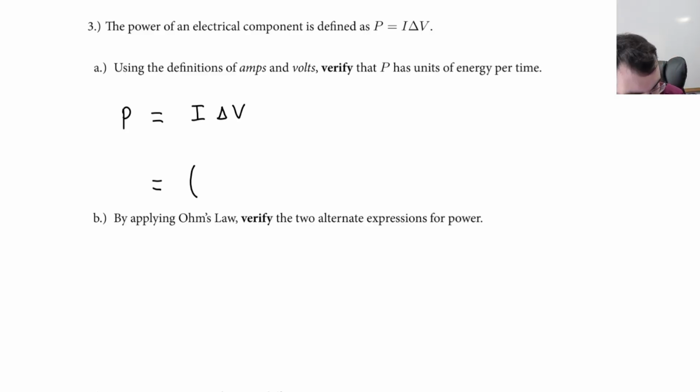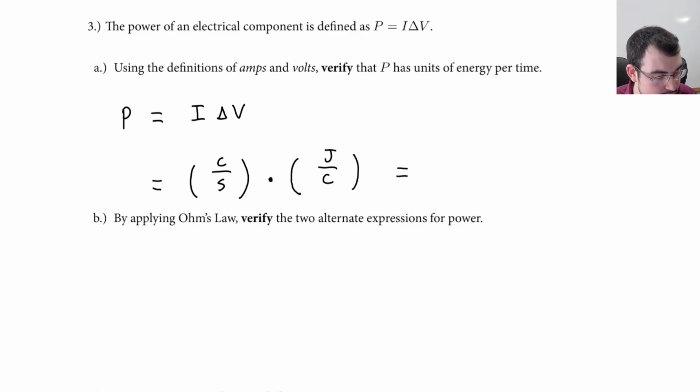But we do know that I is the rate of charge flow, so we get coulombs per second. And what is a volt? Well, a volt is how many joules it takes to separate each coulomb of charge. So if we do that, notice the coulombs actually cancel, so we are just left with joules per second, which is energy per time, and that's equal to a watt, as expected.